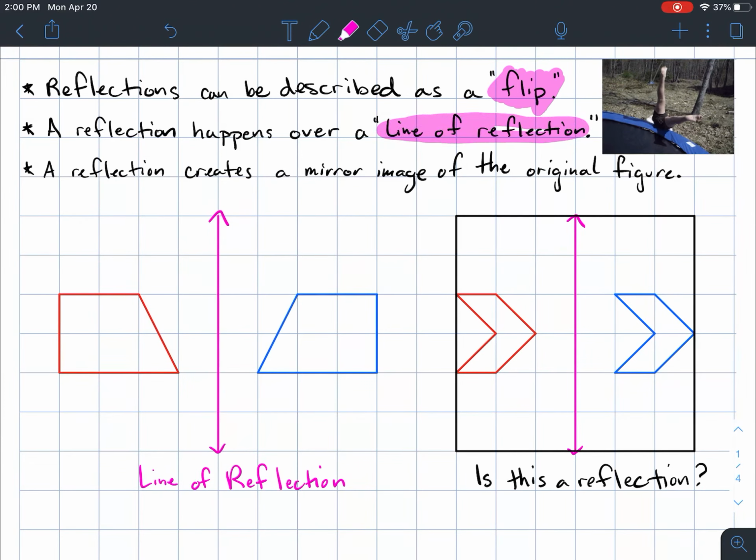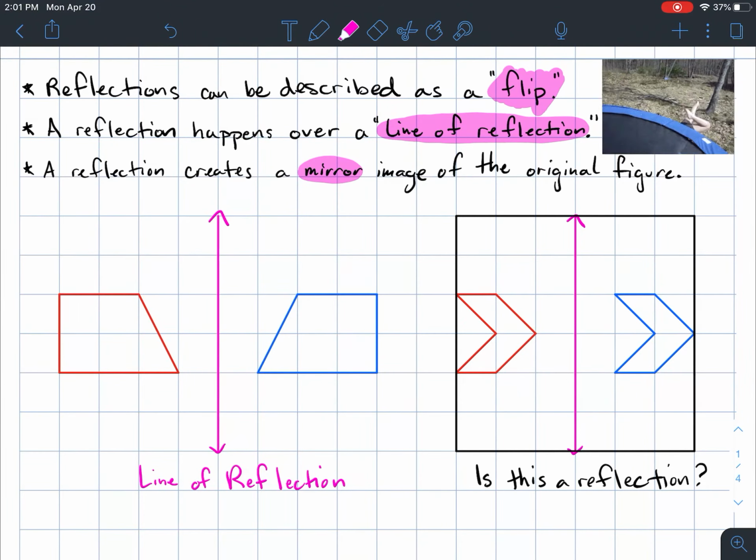So you can reflect a shape over the x-axis or over the y-axis. A reflection creates what's called a mirror image, just like you saw in the picture before of the sunrise in a mountain area. A reflection creates a mirror image of the original figure.